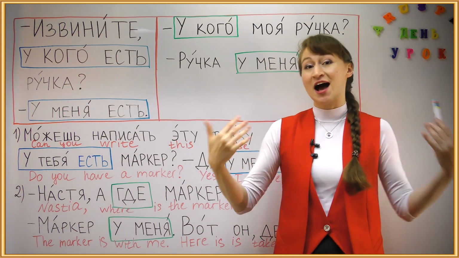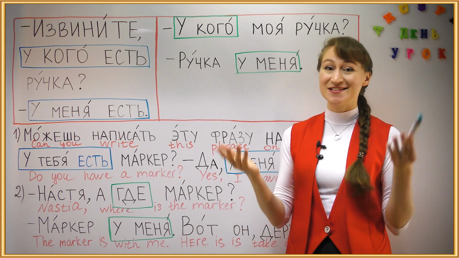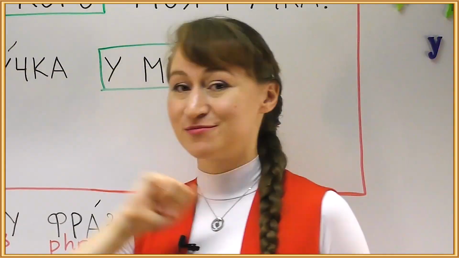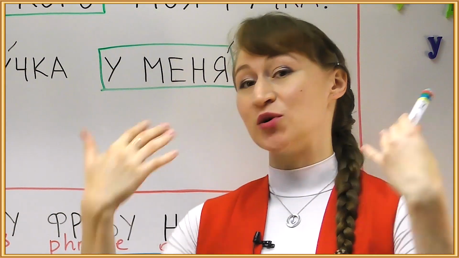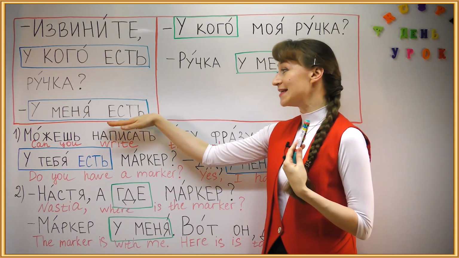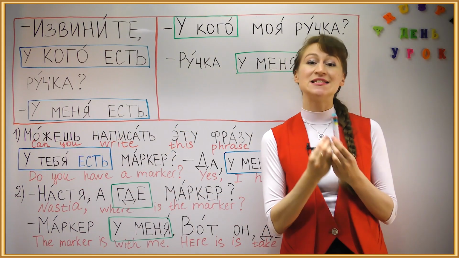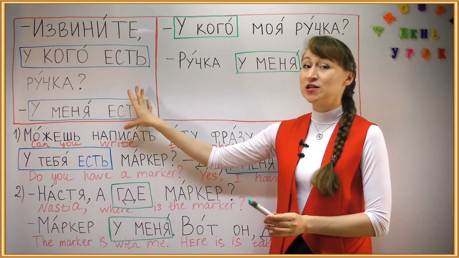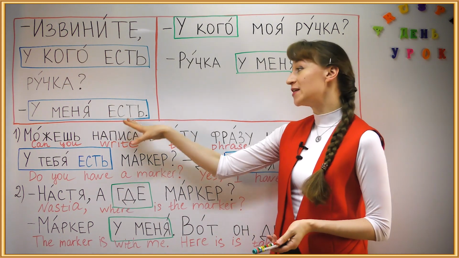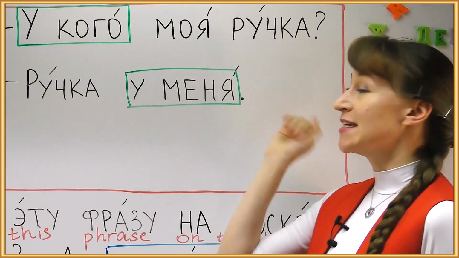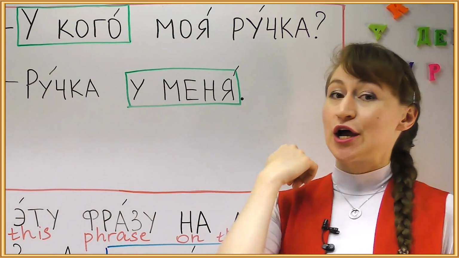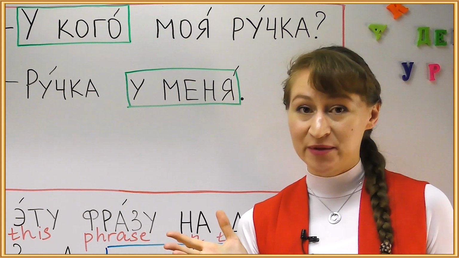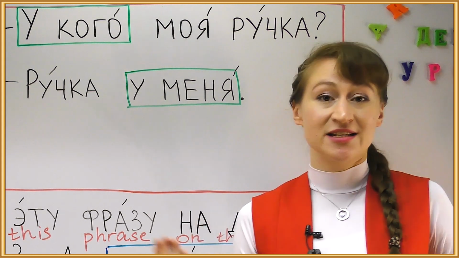I need a pen and I ask a few people, my friends or whoever, who of them has a pen? And one person says, у меня есть. So in my universe, in my world, it exists. Remember, есть means exists. It's the form of the verb to be, and it's the only form that we use in the present tense, only in this construction. Here, we're asking, who has my pen? So, I have a pen, and I don't know where it is right now.